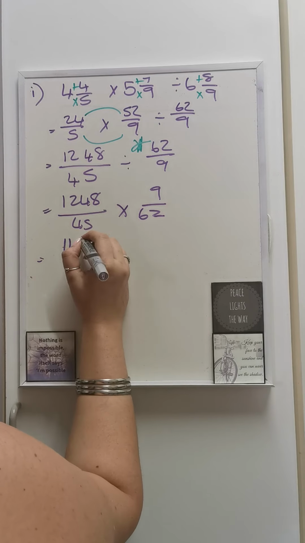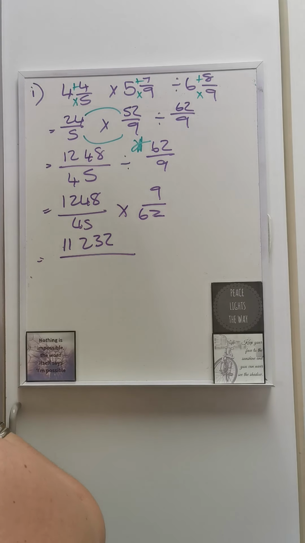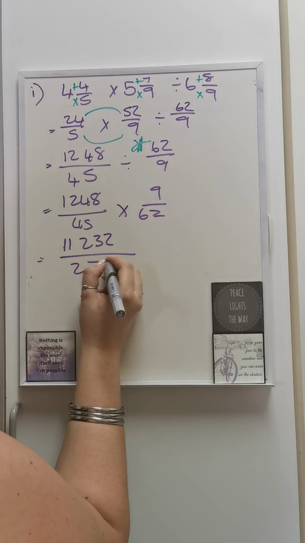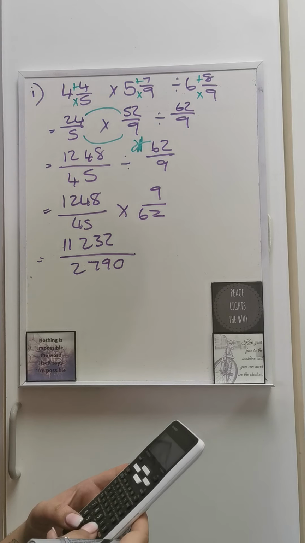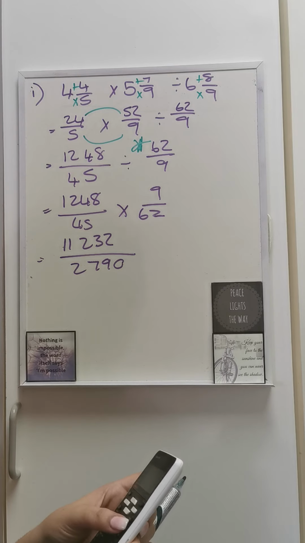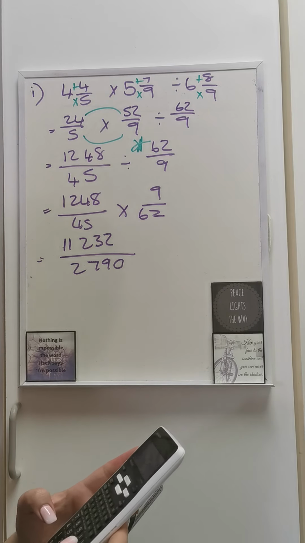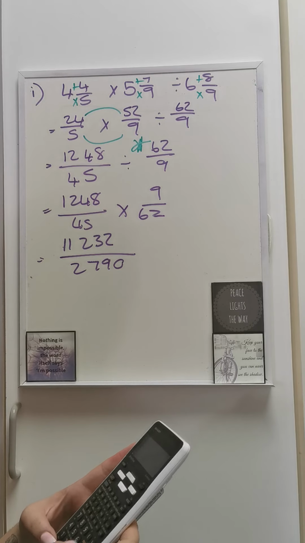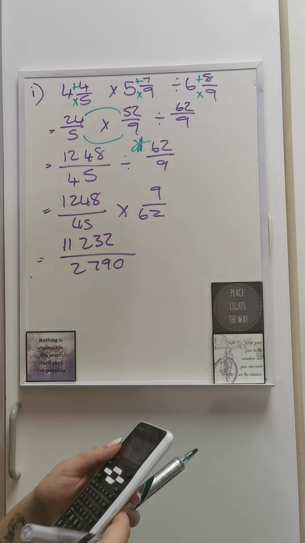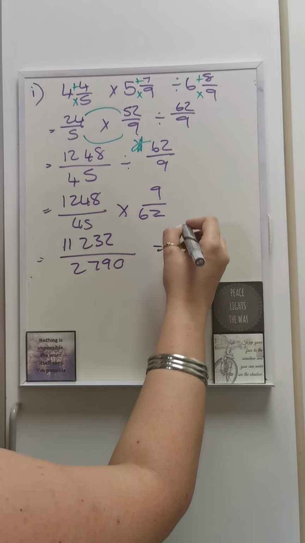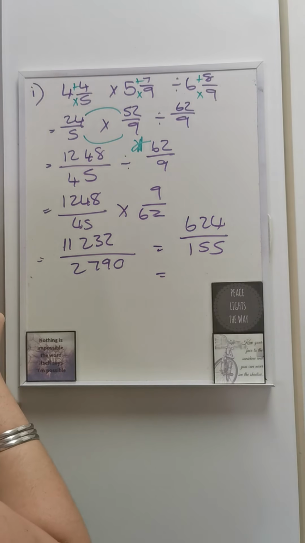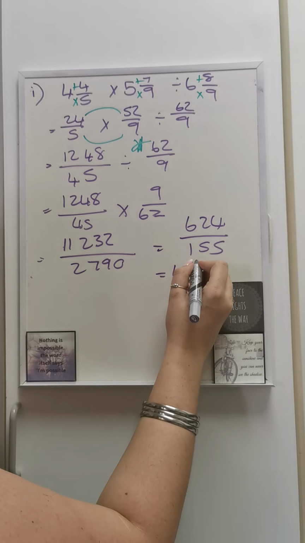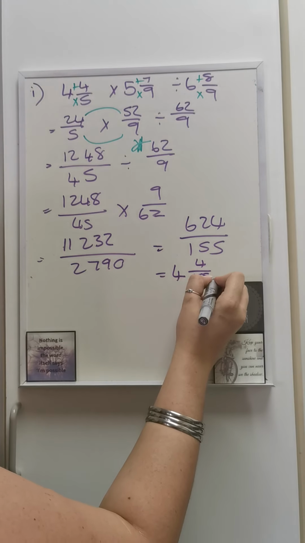So it will be 11,232 over 2,790, which gives you 624 over 155, which gives you 4 and 4 over 155.